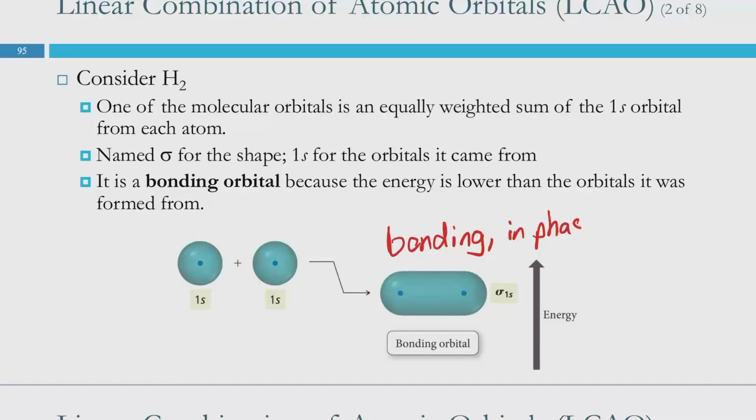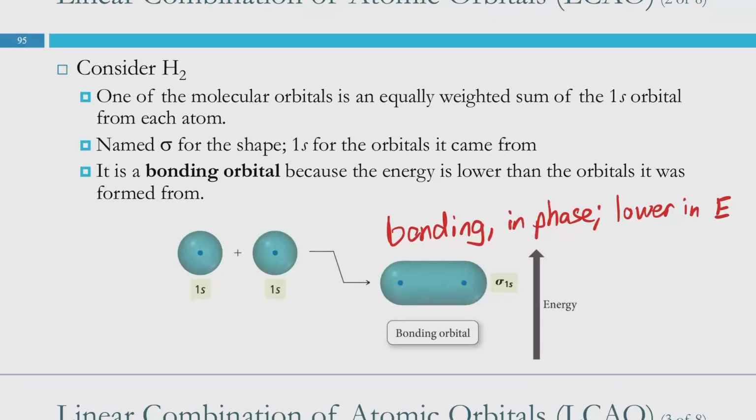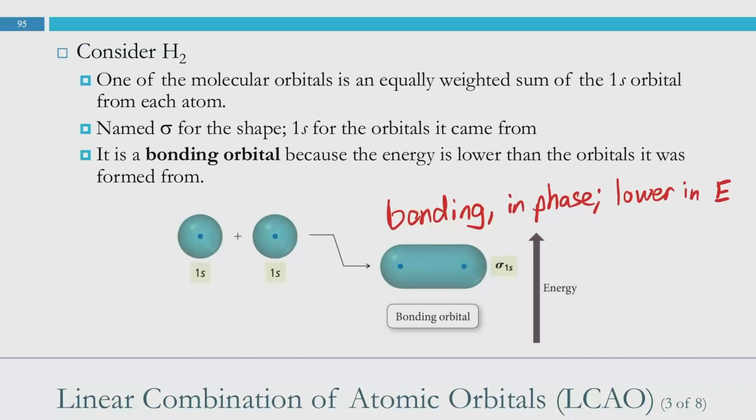Our orbitals are in phase, and it's lower in energy because bonds have negative energy, stabilizing energy, so it's lower. And we give this the name sigma 1s. Sigma because of the type of overlap that we have, and then the subscript, the 1s, because we're putting the 1s orbitals together.